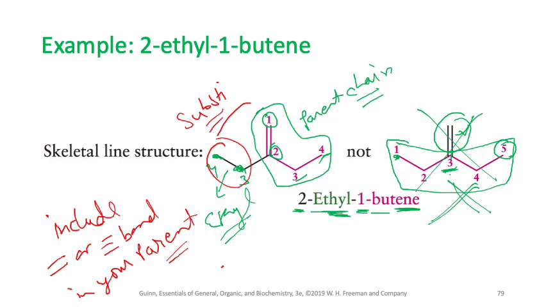So the naming will be 2-ethyl-1-butene, right? And the same thing applies for a triple bond. You cannot leave out the triple bond, and you have to give the lowest number to the triple bond when you start counting for the parent chain.